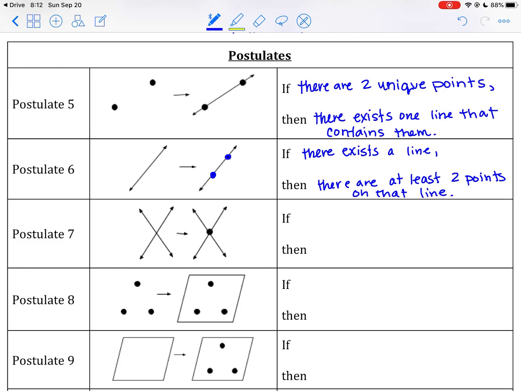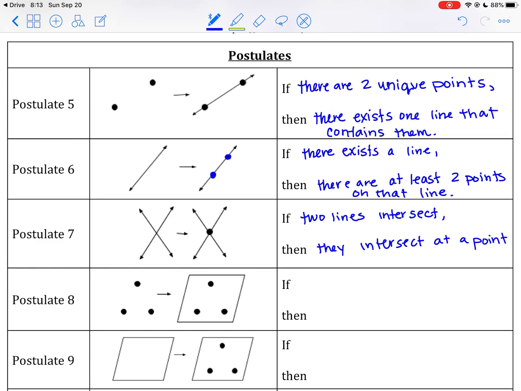Postulate 7 says if 2 lines intersect, then they intersect at a point.